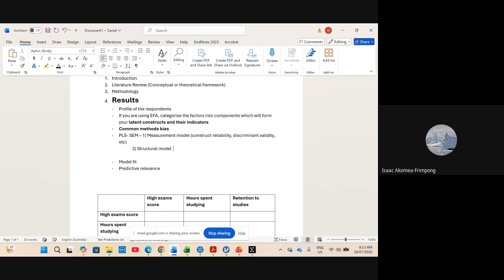Then for the structural model, you check things like VIF, the R square, and the rest. Next week I'll show you the hypothesis also. So this is what I've been teaching you. Now you can ask your question.